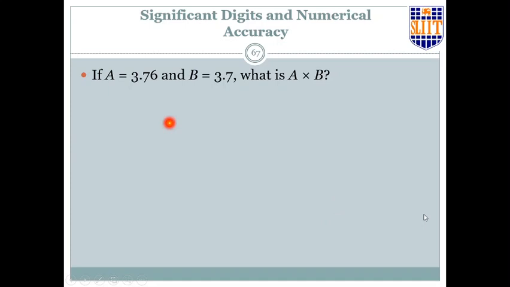If A is 3.76, B is 3.7, what is A times B? Multiply that and see. 13.912 is the answer, if it is exact. Right? If this number is exactly this much and this is exactly this much, it is.